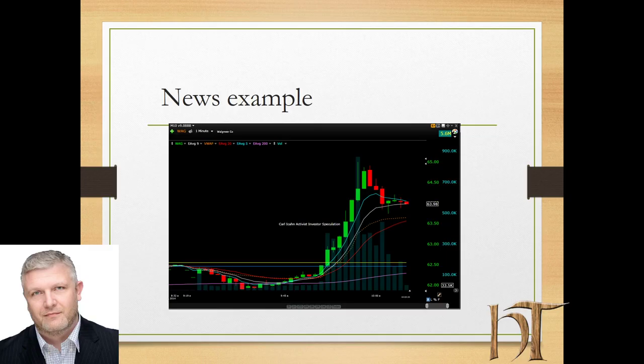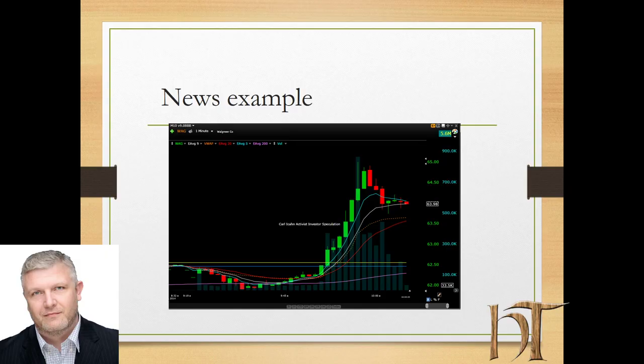Now we should be familiar with Carl Icahn. We may be familiar with some of the other activist investors. We know that when they get in stocks, lots of people are watching. For Carl Icahn, see Cathy Wood, see Warren Buffett, see Elon Musk.